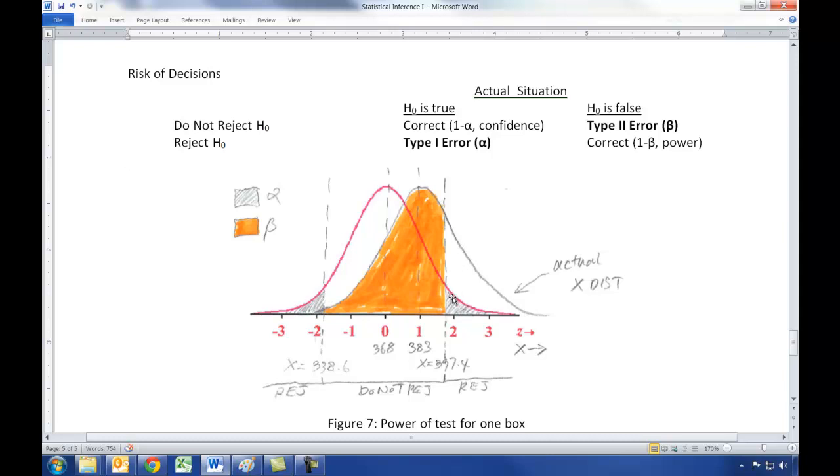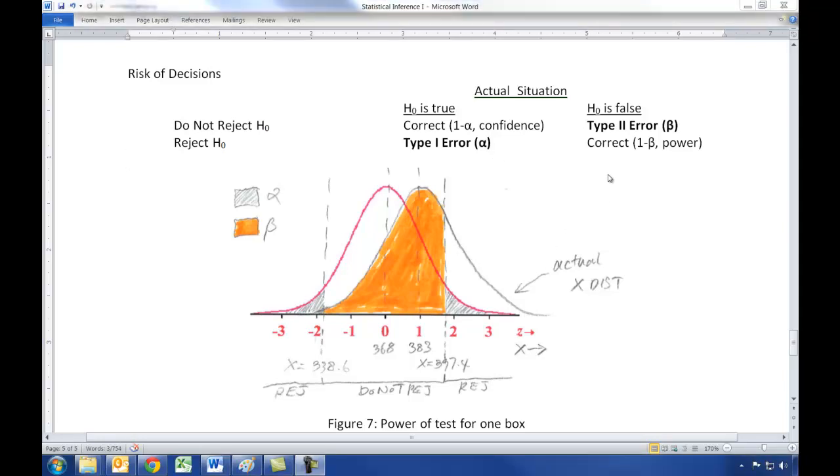So those 5% of observations will mislead us to reject the null hypothesis, which is committing type 1 error. Therefore, the chance of making type 1 error is simply alpha, the level of significance we set.